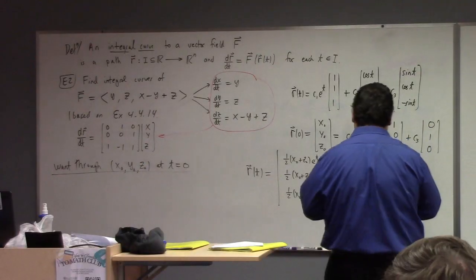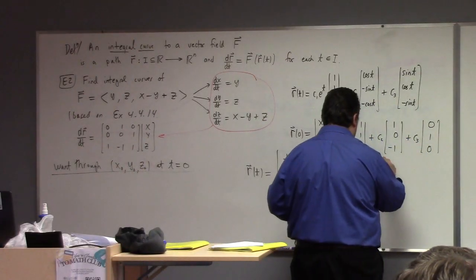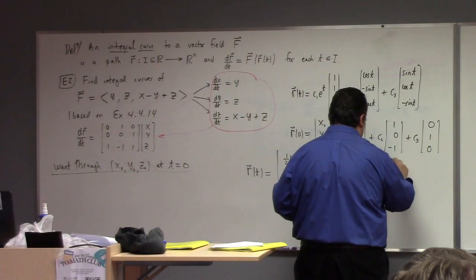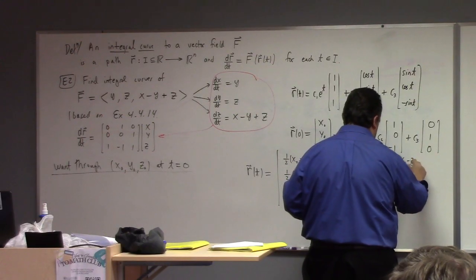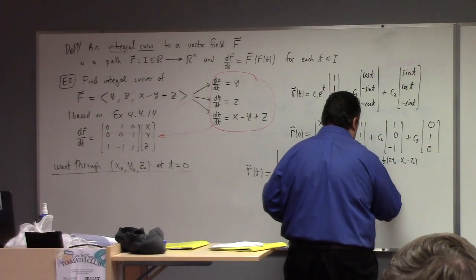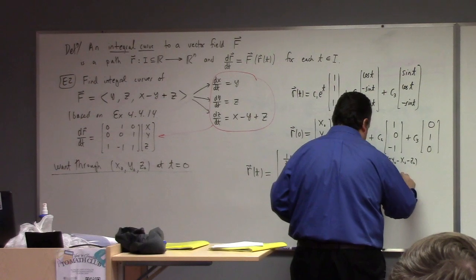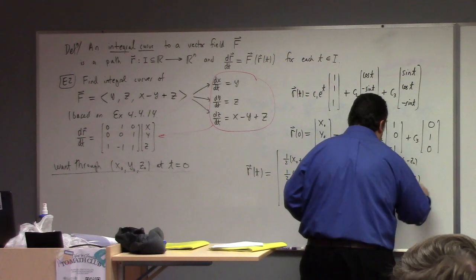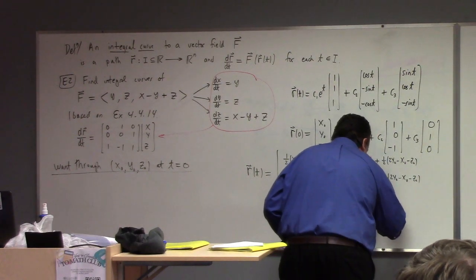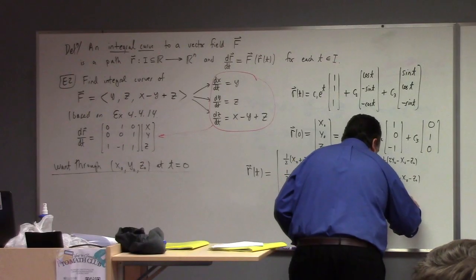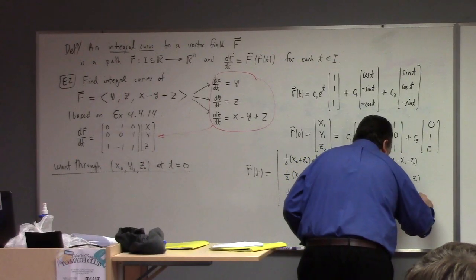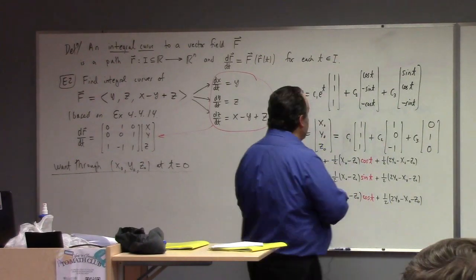So plus 1/2 of 2y naught minus x naught minus z naught. There's probably a smarter way to write this, but this is the way I wrote it.